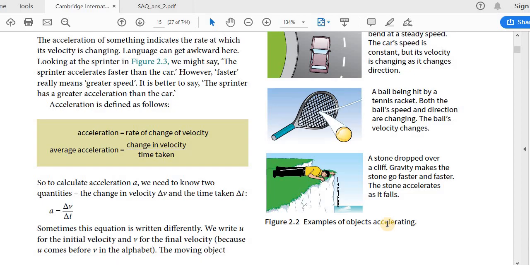Sometimes students confuse this. They think the resultant force is due to the acceleration, which is incorrect. It is the resultant force which produces the acceleration. So you have the formula, Newton's second law, F equals ma. That F is a resultant force. It is this resultant force which produces the acceleration.